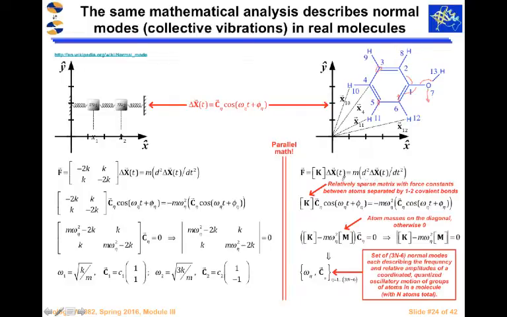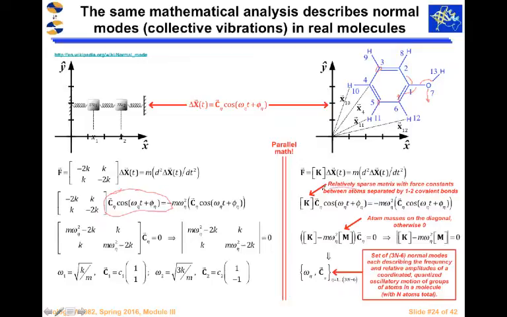But in the end, for the normal mode, we will have a trial solution yet again, the same way that we described the normal mode of the two masses on a spring. We assumed it would have a form of some amplitude vector times cosine omega t plus theta. Same thing here.